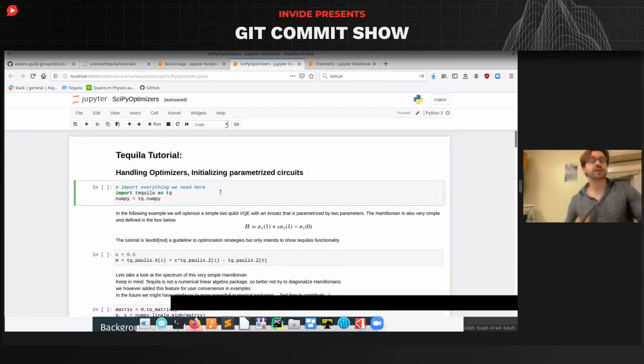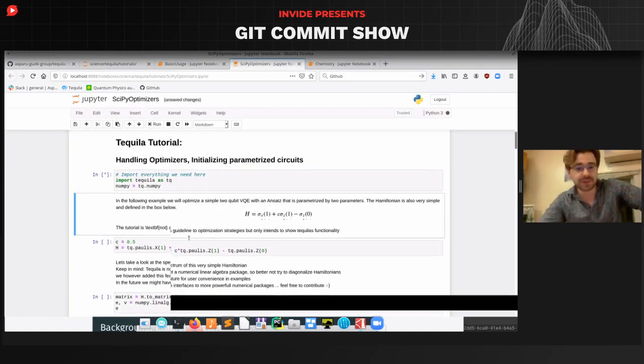Tequila, in addition to having plugins to all your favorite quantum simulation packages, also, because it's targeted at VQA, has interfaces to popular classical optimization routines. Among them, SciPy, one of the most prolific optimization packages.